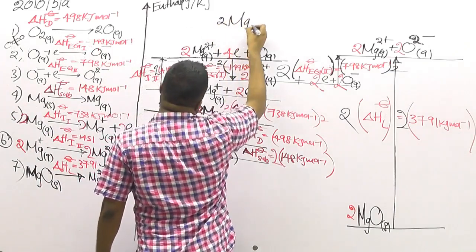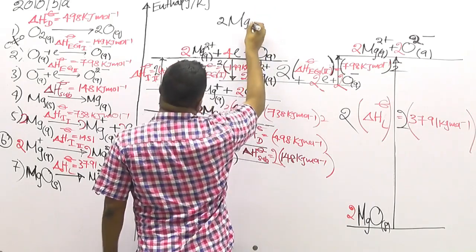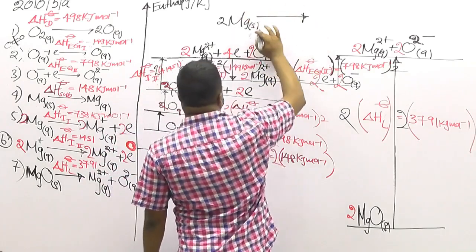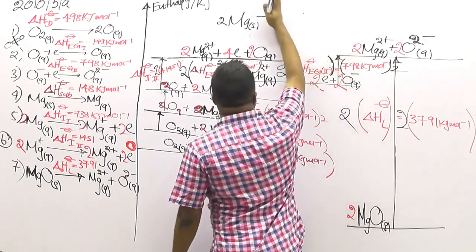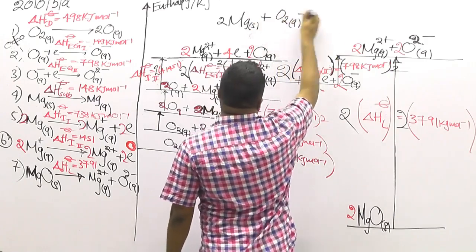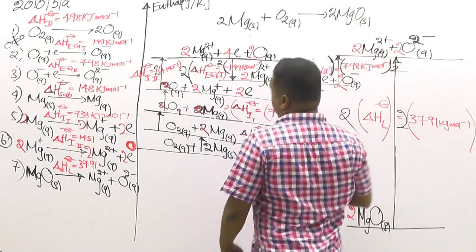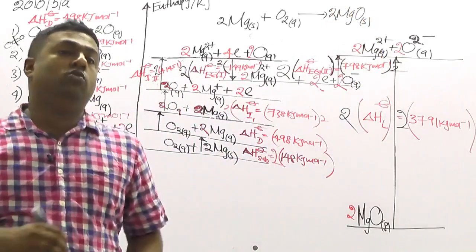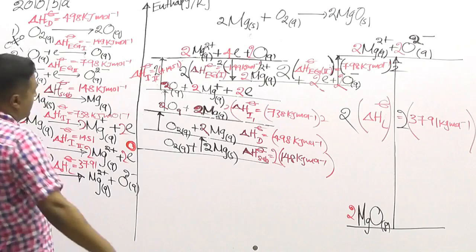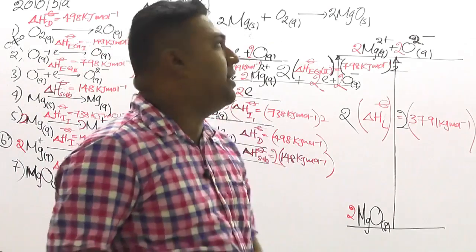2 Mg solid plus O2 gas is converted into 2 MgO solid, right?